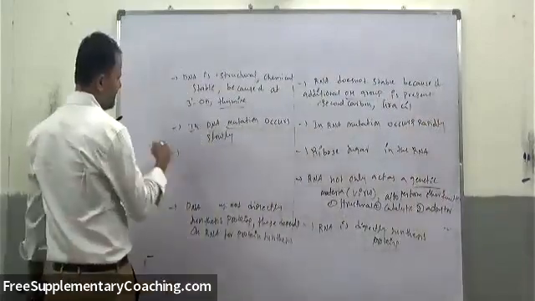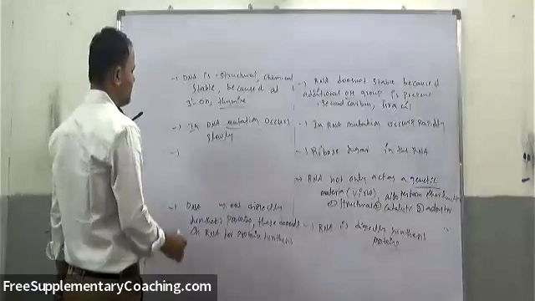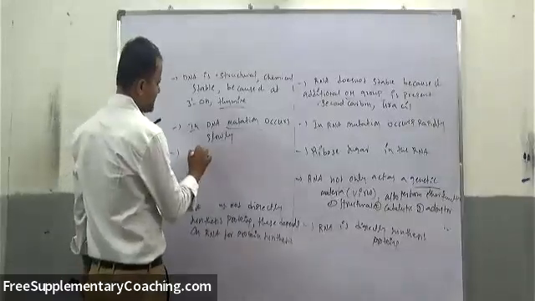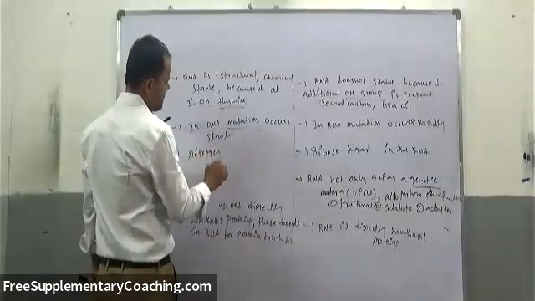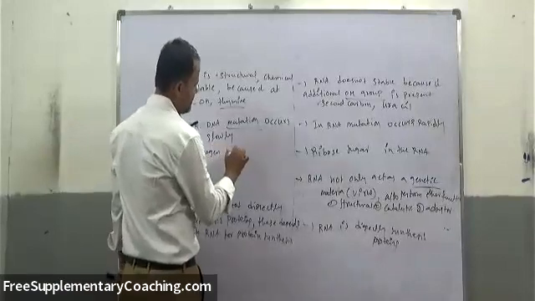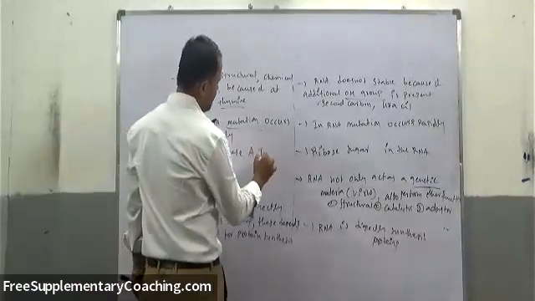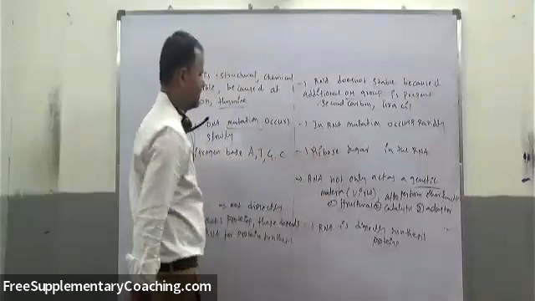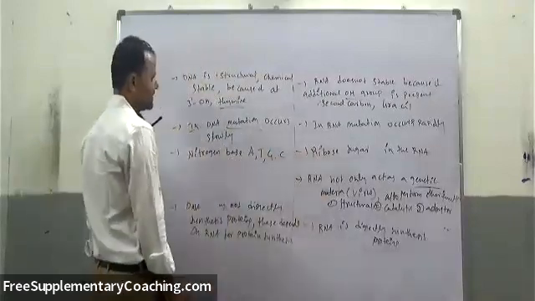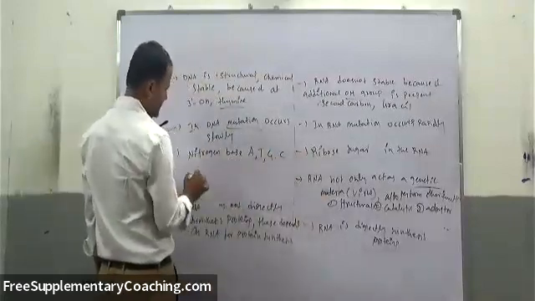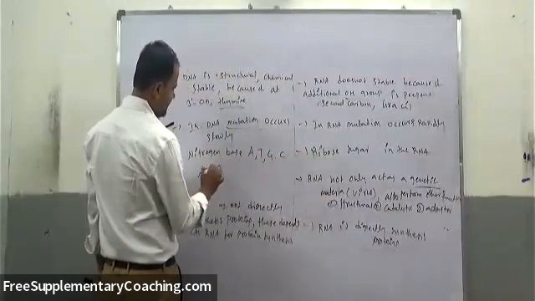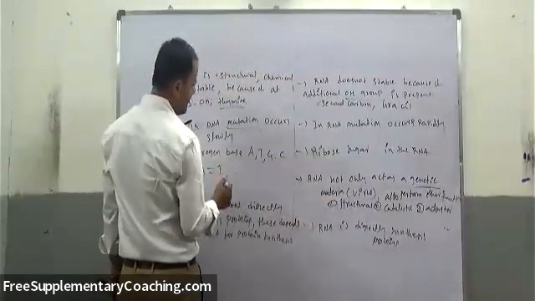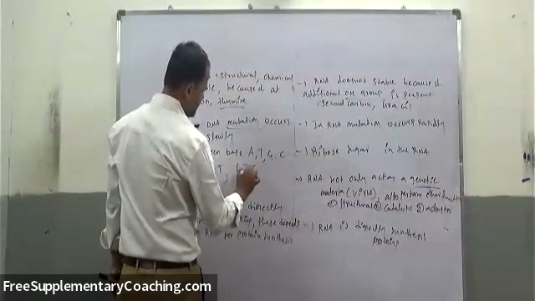Which nitrogen bases are present in the DNA? Okay. The nitrogen bases are adenine, thymine, guanine, and cytosine. Between A and T there is a double bond, and between G and C a triple bond.